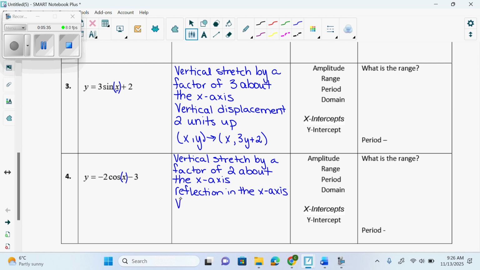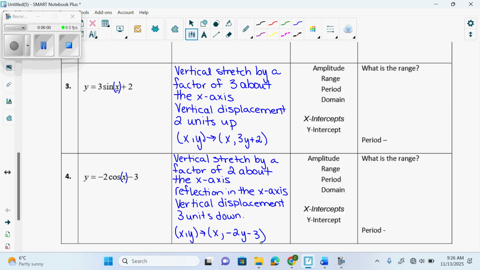And a vertical displacement 3 units down. So we get x, y becomes x, comma, negative 2y minus 3.